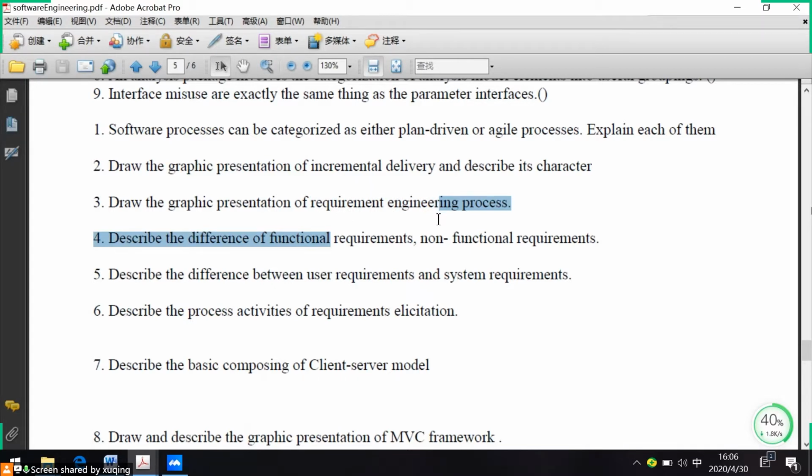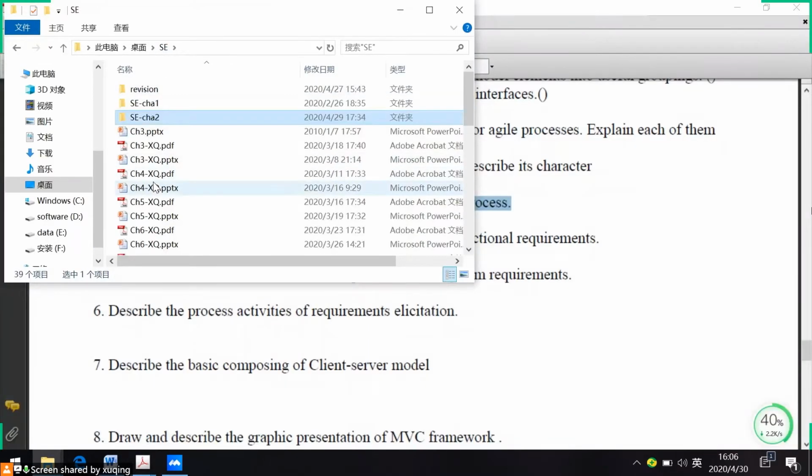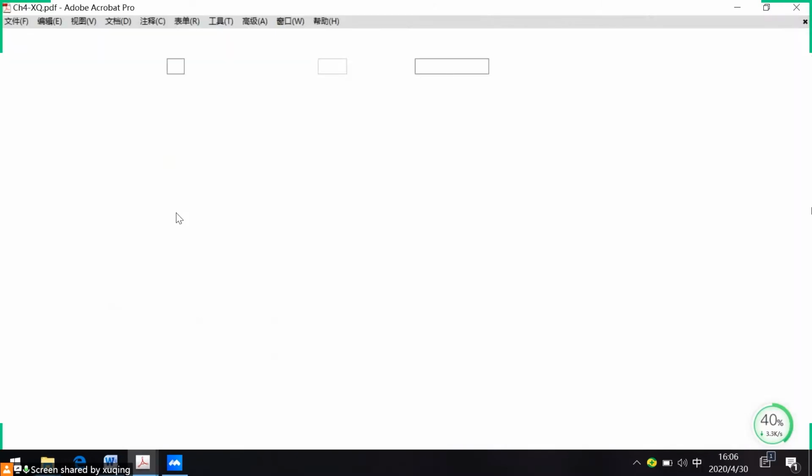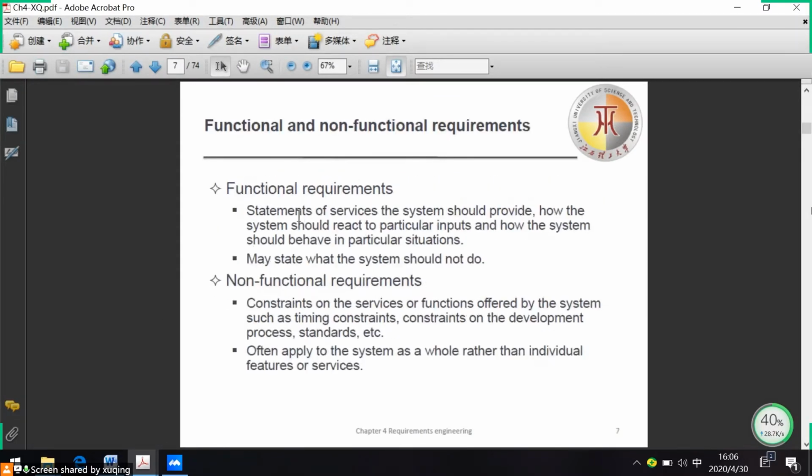It is in the 4th chapter. We talked about functional and non-functional requirements in the 4th chapter. Normally, it's not too far. You see here, functional and non-functional requirements.